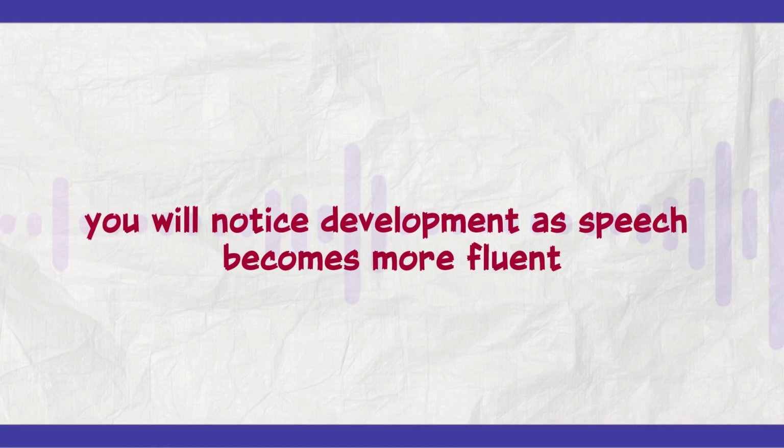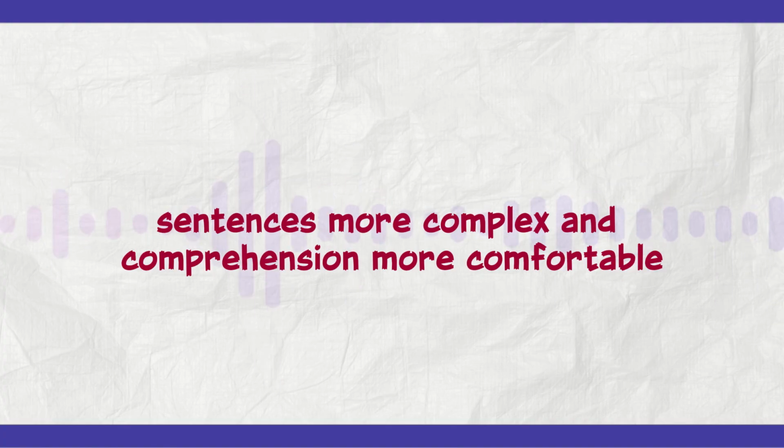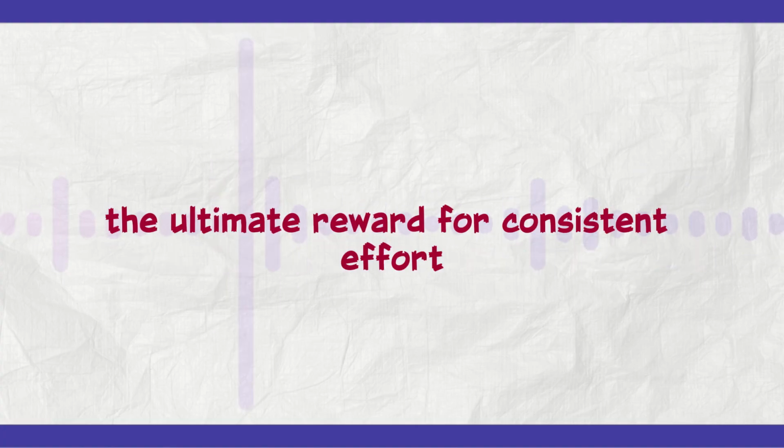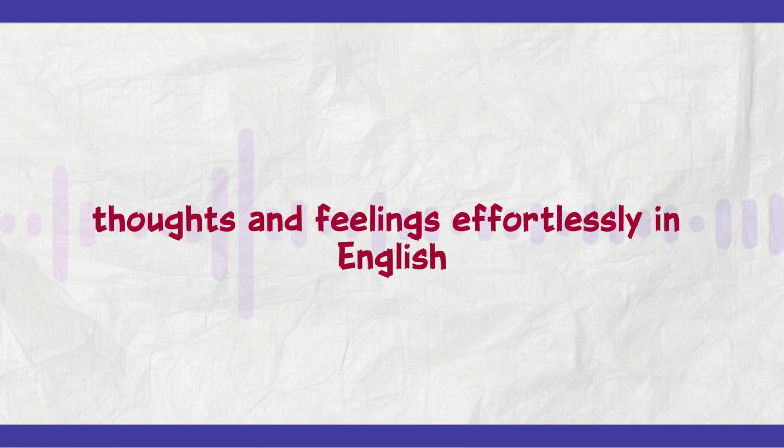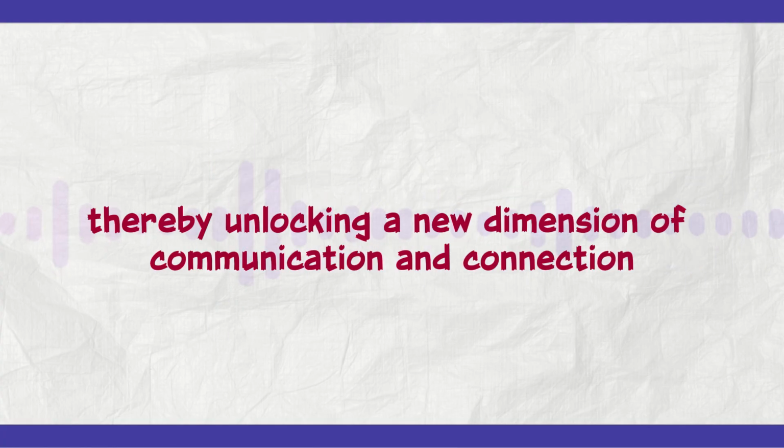You will notice development as speech becomes more fluent, sentences more complex, and comprehension more comfortable. The ultimate reward for consistent effort is the freedom to express your authentic self, thoughts, and feelings effortlessly in English, thereby unlocking a new dimension of communication and connection.